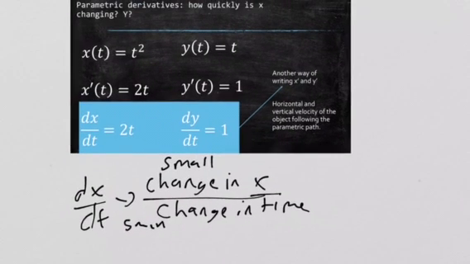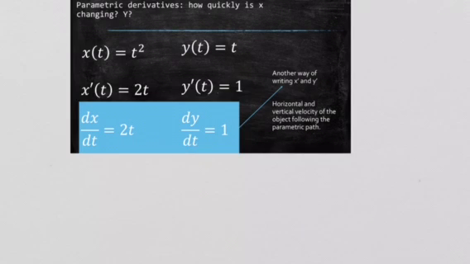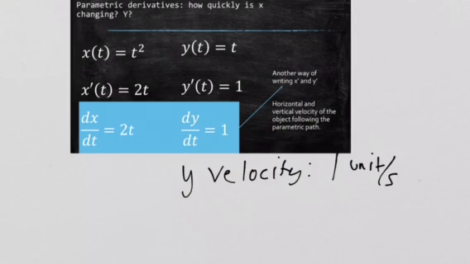Another way of thinking about this is as the horizontal and vertical velocity of our object, if we're talking about time. Our y value is increasing with a constant velocity. It's increasing by 1 unit every second, so our y velocity is just 1 unit per second, constantly.